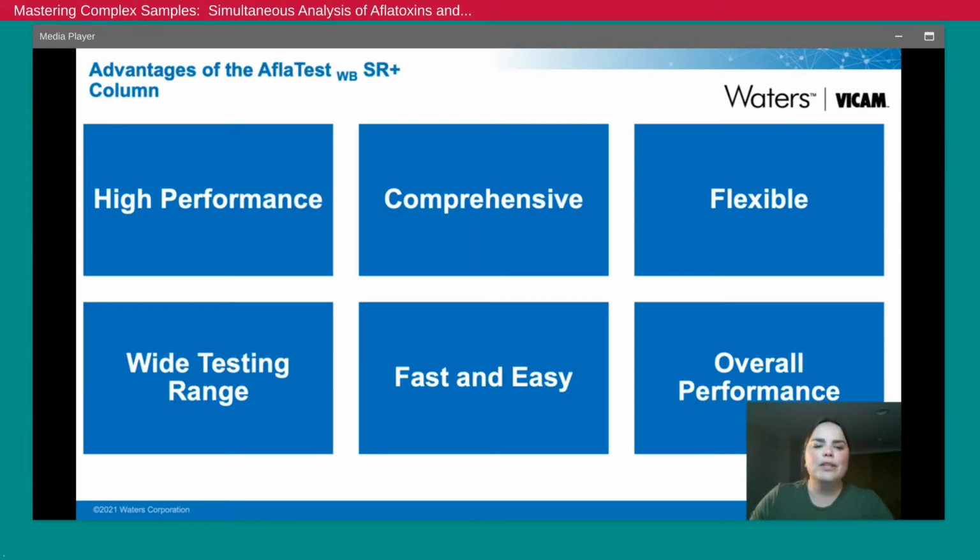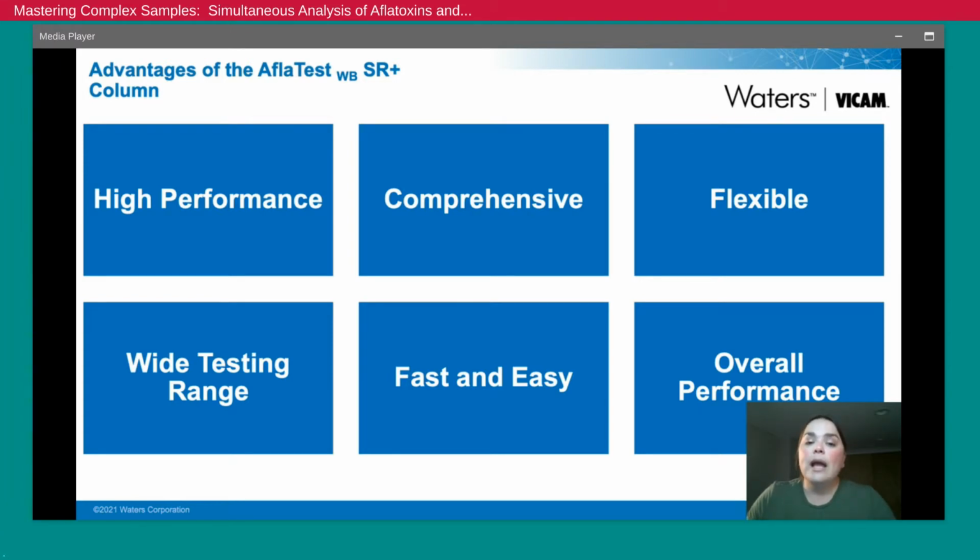Some of the advantages of the Aflatest WBSR Plus immunoaffinity column are listed here. High performance. The Aflatest WBSR Plus method exceeds AOAC method performance requirements, giving greater than 90% mean recovery of aflatoxins B1, B2, G1, and G2 in both grains, corn, wheat, and oats, and difficult to analyze food matrices such as chili, cocoa, and traditional Chinese medicine.